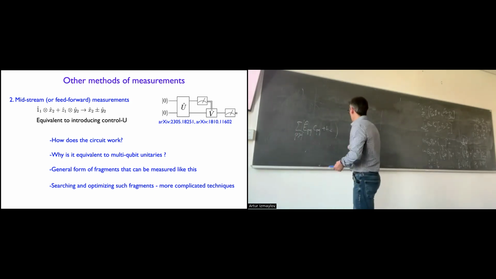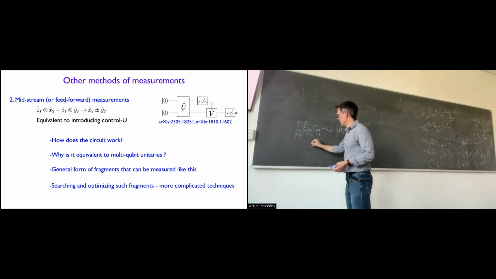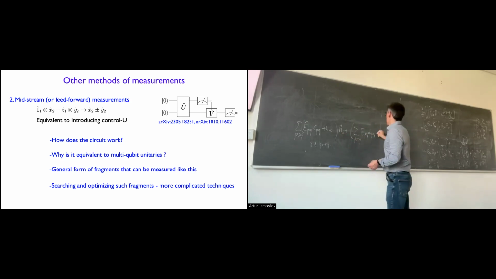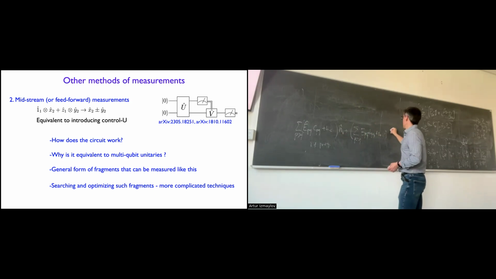Now imagine we have some occupation number i that is not in p or q, and it is a projector, and then we have this projector times something like D_pq plus Hermitian conjugate, and another fragment with the complementary projector.